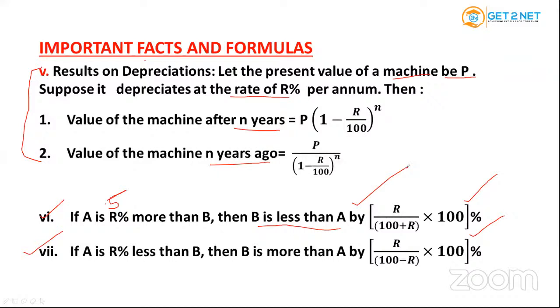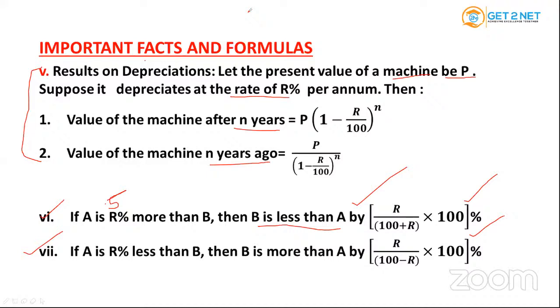Ma'am, what is the difference between formula 4 and formula 5? One is talking about population, one is talking about depreciation. Depreciation means, suppose we are purchasing a machine. Let's say I purchased an inverter. Let's say it's a machine, right? At the rate of 20,000.